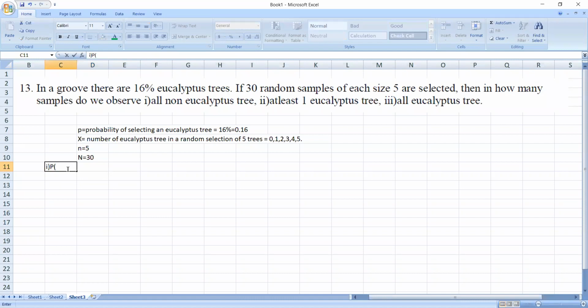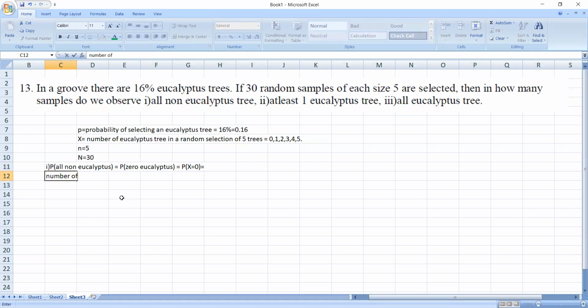So probability that all are non-eucalyptus, so X is number of eucalyptus, all are non-eucalyptus means it becomes 0 eucalyptus. So it will be P of X is equal to 0. Now you compute the probability.